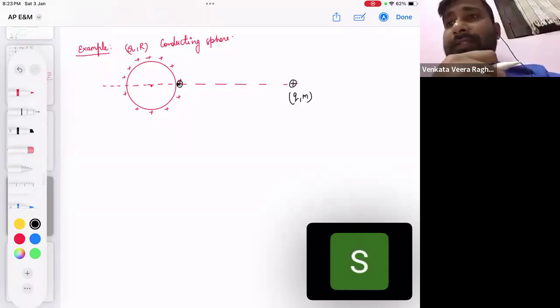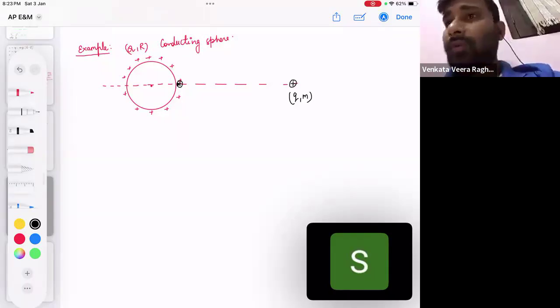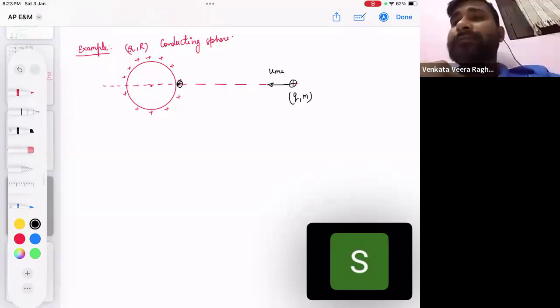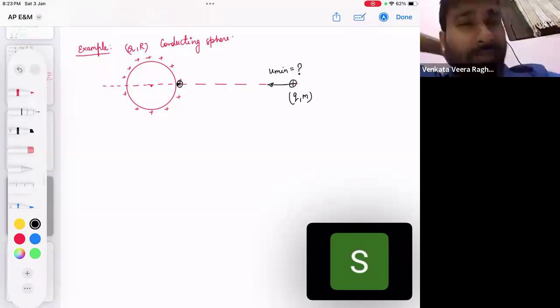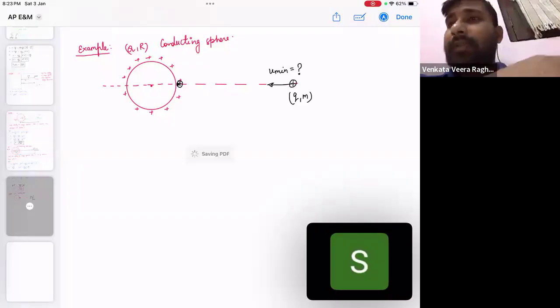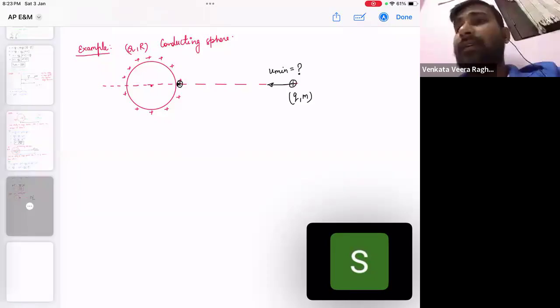Is that part clear or not? So, what is that minimum velocity needed? Actually, that is what they are asking. Understood? If you see this question, you will say, sir, I will apply the energy conservation, right or not? And I will get my answer. Very good, correct.